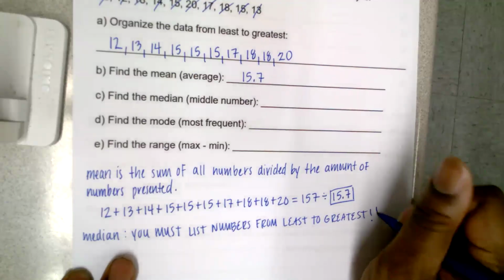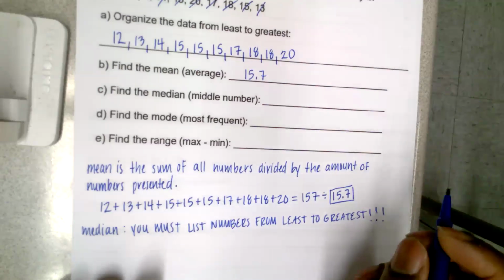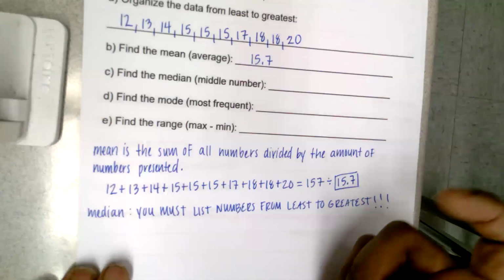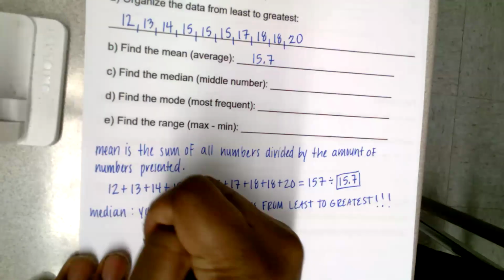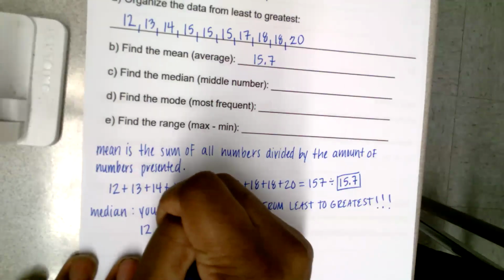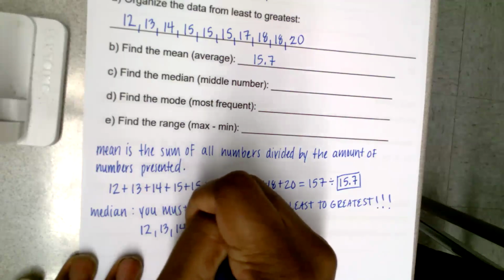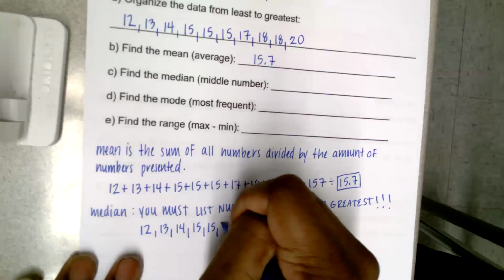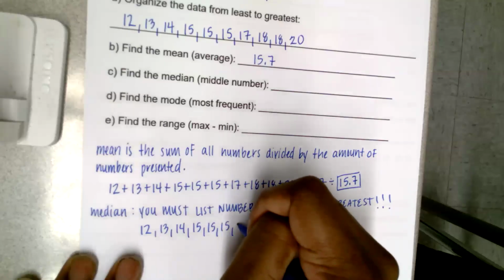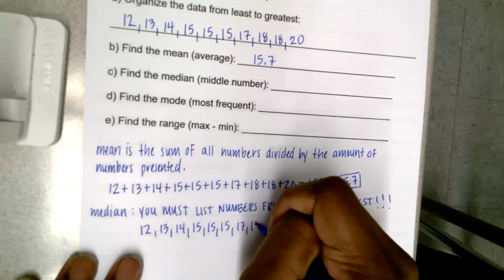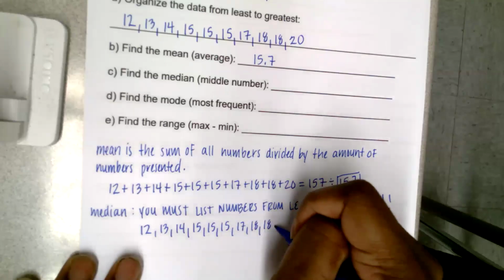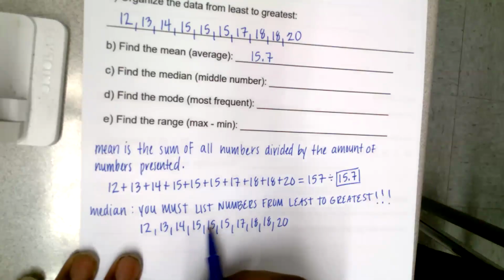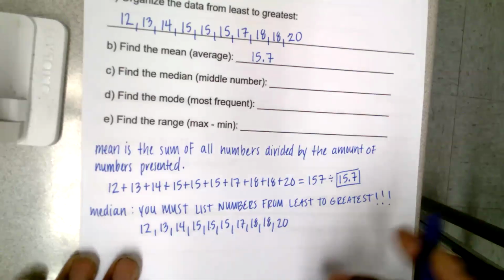That's the most important, right? So let me do that. That's step one. So you have 12, 13, 14, 15, 15, 15, 17, 18, 18, 20. And I always double count it. 1, 2, 3, 4, 5, 6, 7, 8, 9, 10.